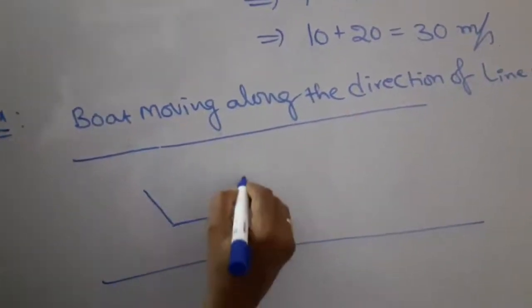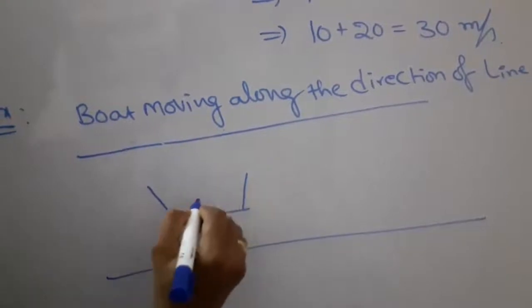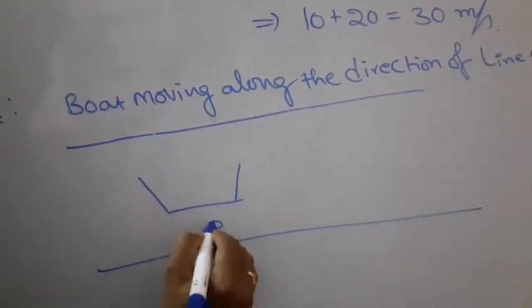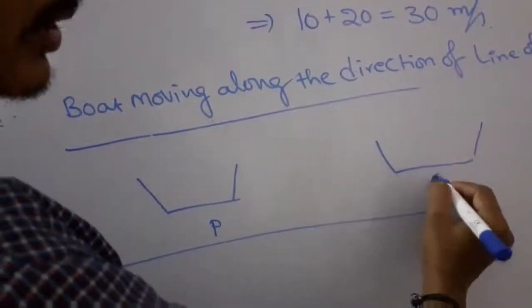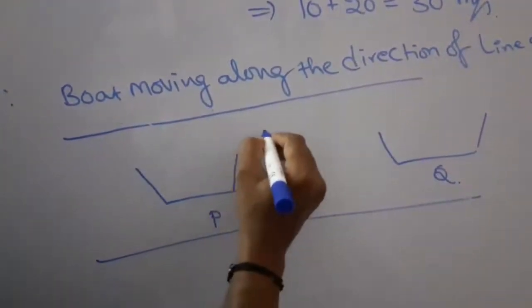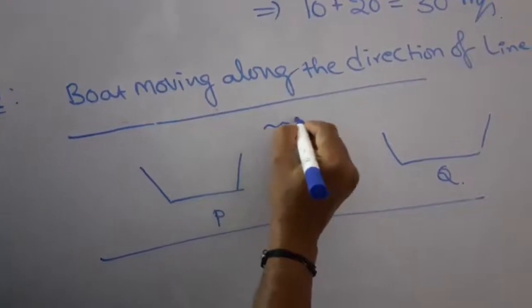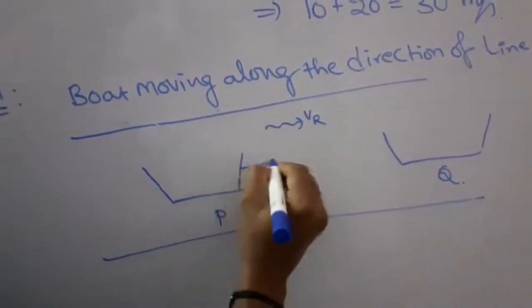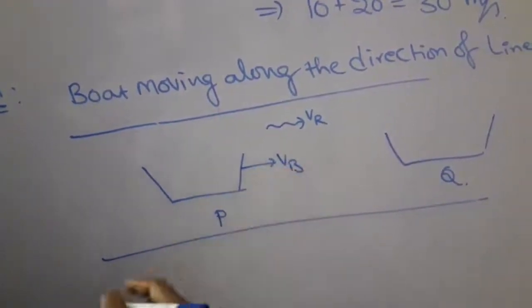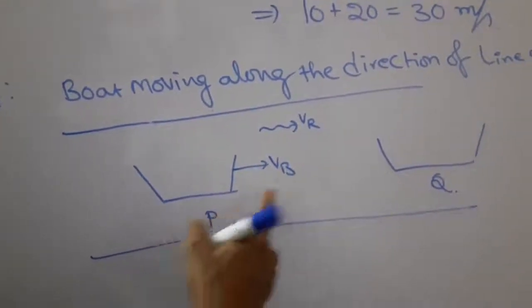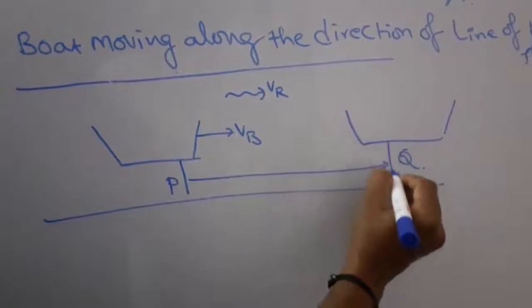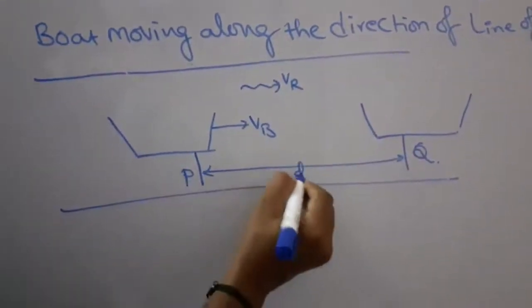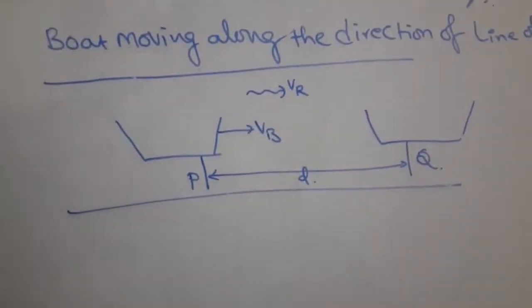This is the boat. Here the boat position is P, and here the boat position is Q. Here the river velocity is VR and the boat velocity is VB. So the position changes from P to Q, and the width is D, assume.